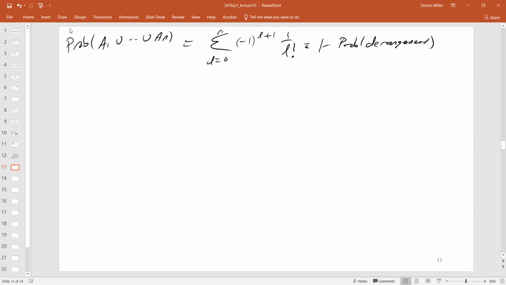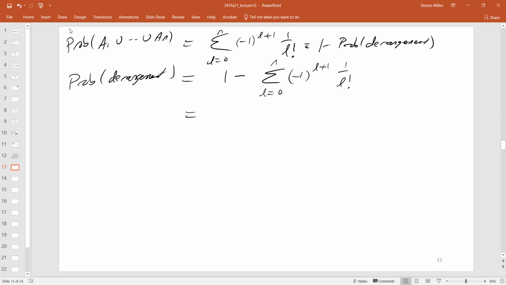So that means the probability of a derangement is just going to be 1 minus that sum.